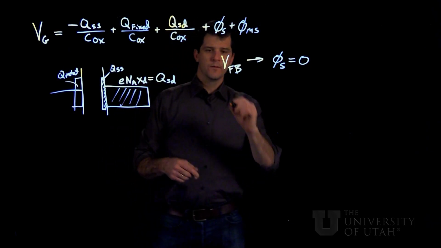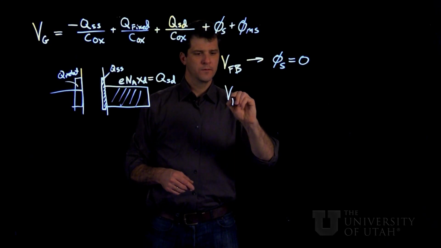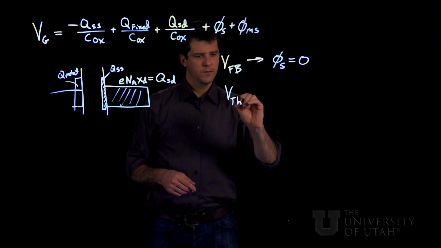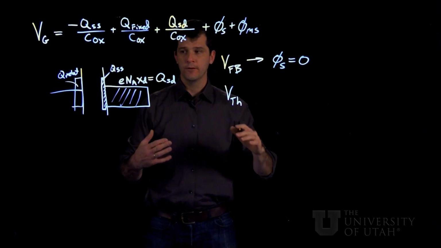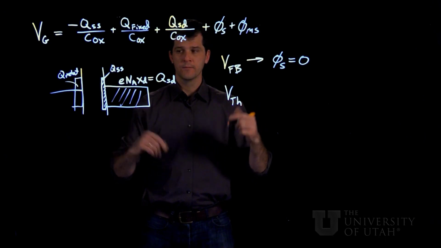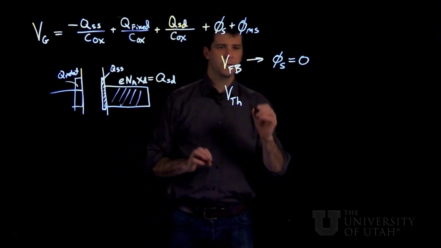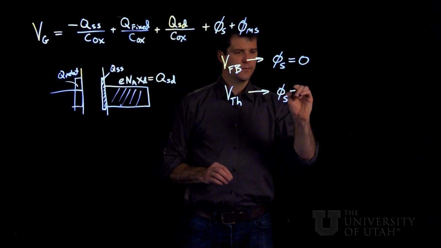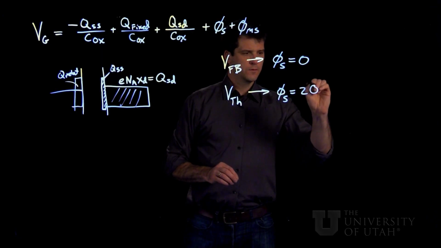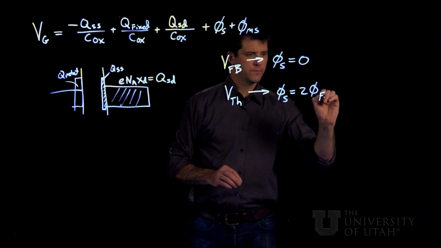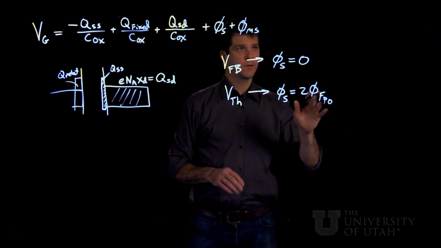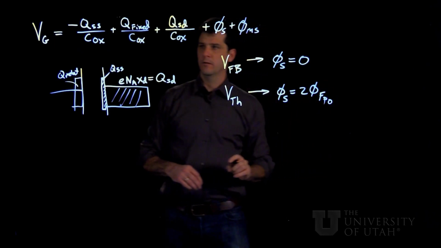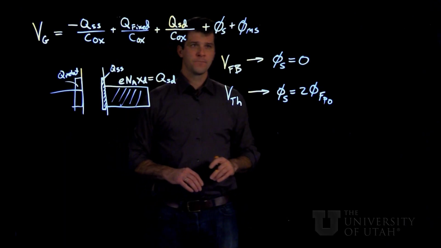The gate bias that gives you the threshold behavior changing into inversion, which we'll show in the band diagram in a moment, occurs when phi s is 2 phi f p naught. And again, I'm assuming a p-type wafer right now.